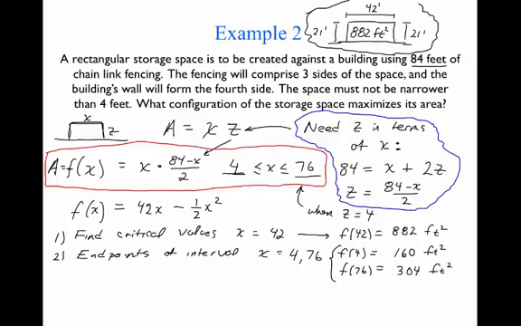You mean A in terms of Z? Instead of X, well then you'd be finding your function in terms of Z. Is that what you're saying? Yeah, that's fine. So he's saying, could we have found that area function in terms of Z instead of in terms of X? Yes. The process would have looked different with the numbers, but in the end we would have gotten the same dimensions and same area. But yes, you could have done the whole thing in terms of Z instead of X. Any other questions?